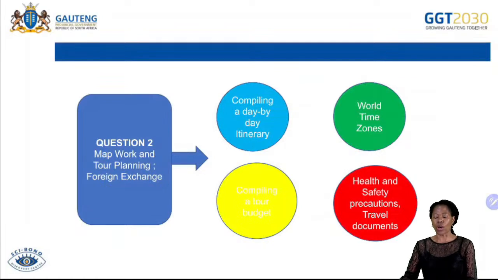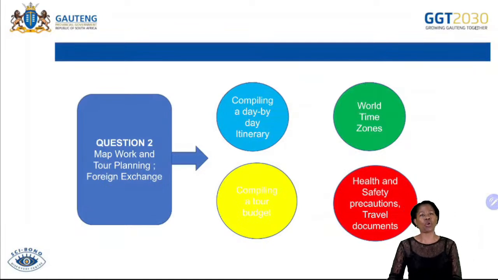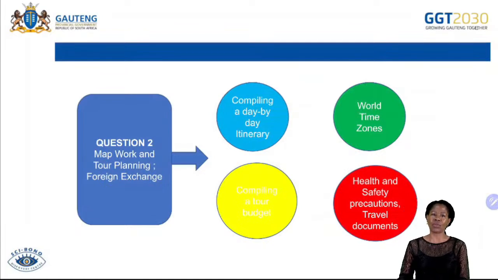And then also there will be health and safety precautions together with the travel documents. This also falls under Question 2. Be able to recognize this and then answer what you are asked. Most of them will be case studies. Please interpret them and underline what is needed so that you are able to give the correct answers.